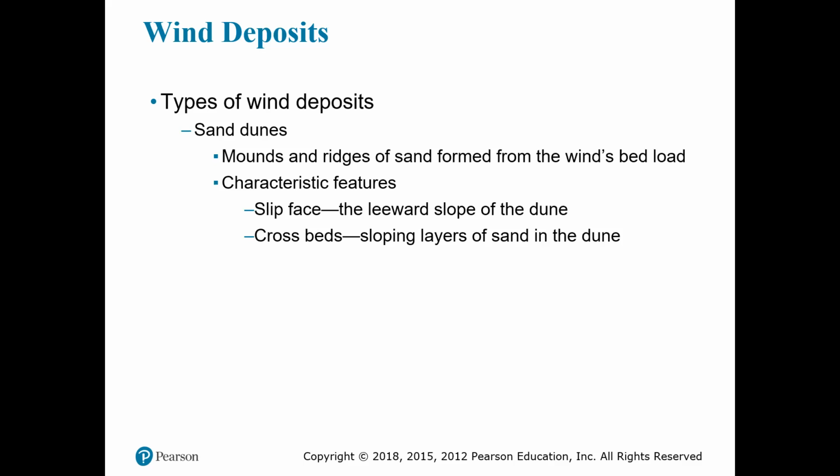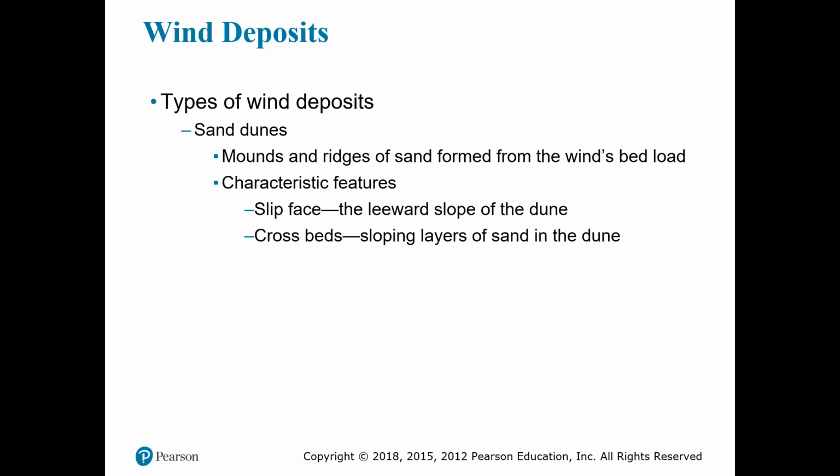As the wind has its sediment load, its bed load, and it's picking up and carrying these particles, when it encounters an obstruction, the velocity diminishes, and so the energy diminishes, and the sand will just be dropped out there, and we get these mounds or ridges that are called dunes.